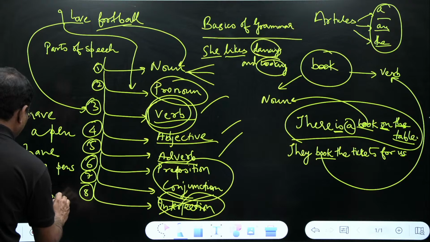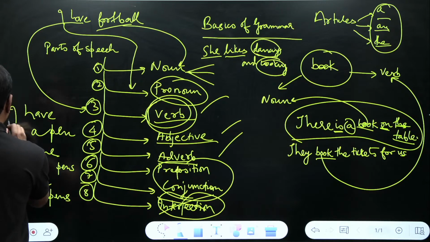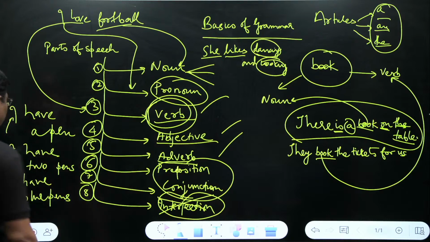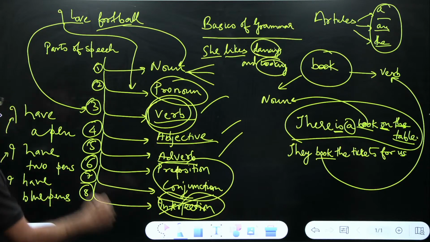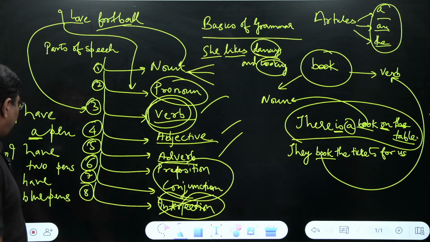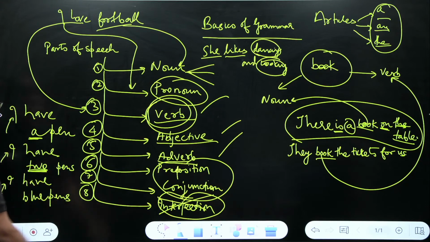Correct? Look at all these sentences, sentence 1, sentence 2, sentence 3, and this will give you a very good way of contrasting. I have a pen, I have two pens and I have blue pens.